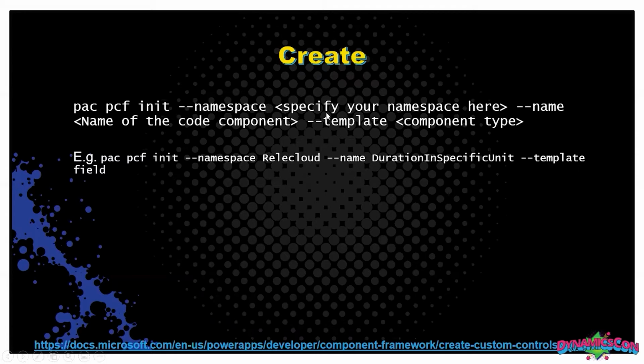Then the namespace, which is the namespace of your project, and the name of your control, your code component. And the template is whether you're going to create a control for a field or a data set, which is the subgrid table. You can find out more details on this Microsoft Docs site.